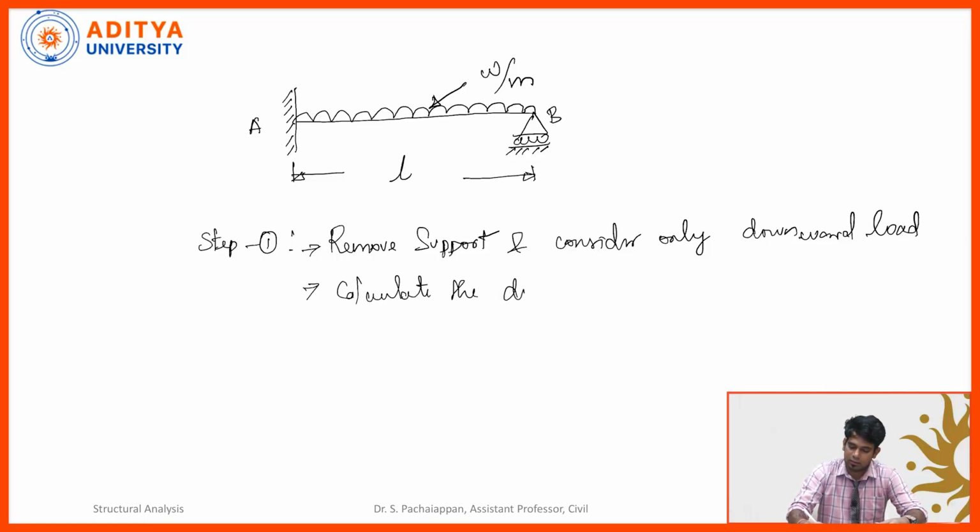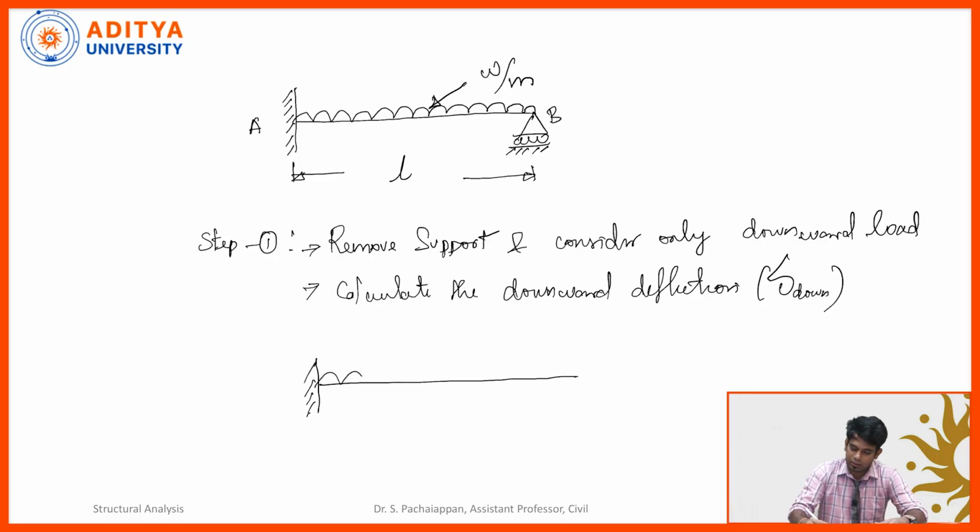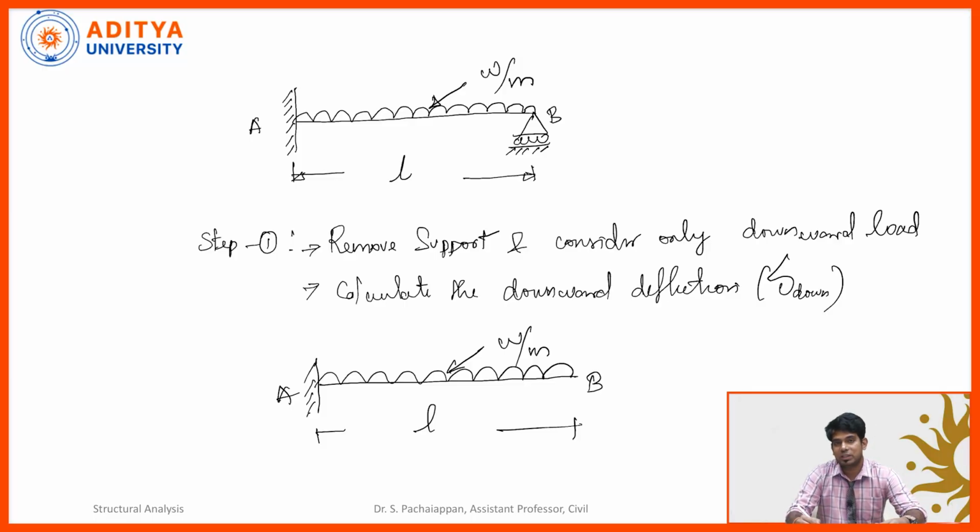And then similarly I am going to calculate the downward deflection. The notation is delta downward. Okay, so let's take a beam once again, mark the UDL, which is W per meter, mark the span, mark the supports A and B. Now, I have not specified the prop support because I removed it as per my procedure.